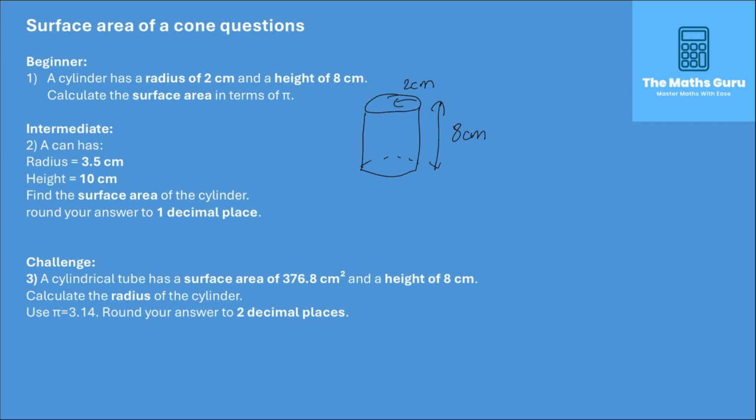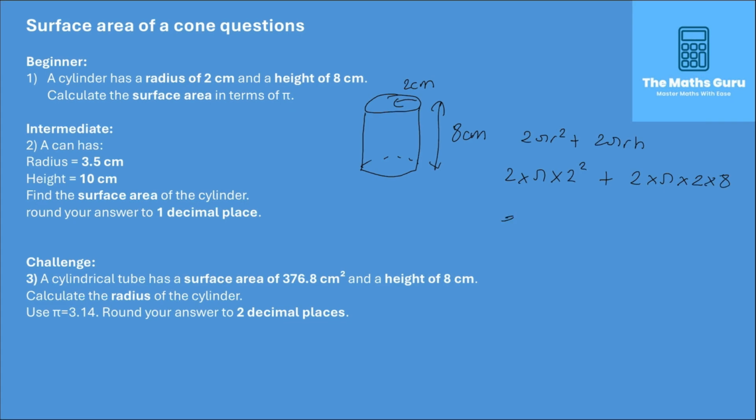If you recall our formula, which was 2 pi r squared plus 2 pi r h, now we plug in our values. This is our height, this is our radius. So we go 2 times pi times our radius, 2, squared, add 2 times pi times our radius, 2, times our 8, which was our height.